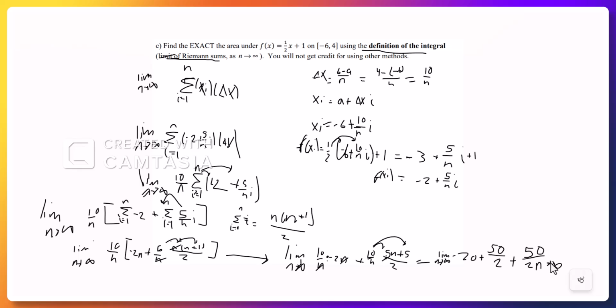So a small number over a big number ends up being 50 over infinity. And this is going to approach 0, because a constant number divided by an infinite amount is going to be 0. So our final answer is going to be -20 plus 25, which is going to give us 5, which matches the other answers in our questions.